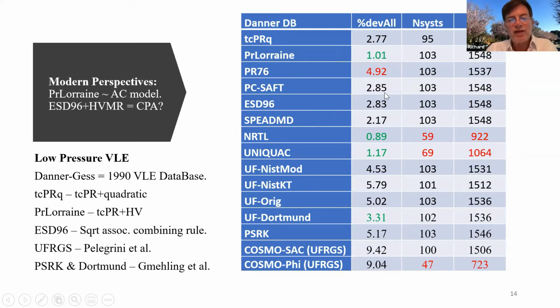The equations of state with one binary parameter, the old 1976 Peng-Robinson equation of state, I think you could say, is obsolete relative to quadratic mixing rules with the updated version. So it's not just the mixing rules here, it's the improvement in the vapor pressure characterization. And it's about 3% when you talk about equations of state with one parameter per binary mixture.